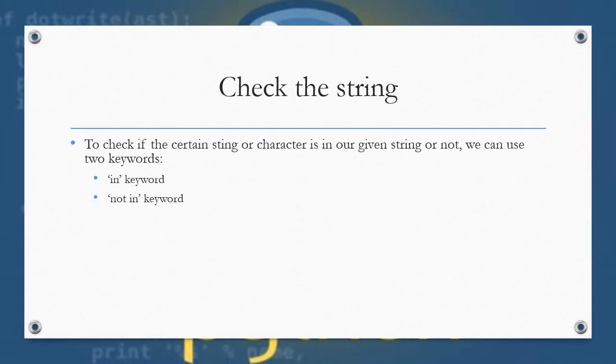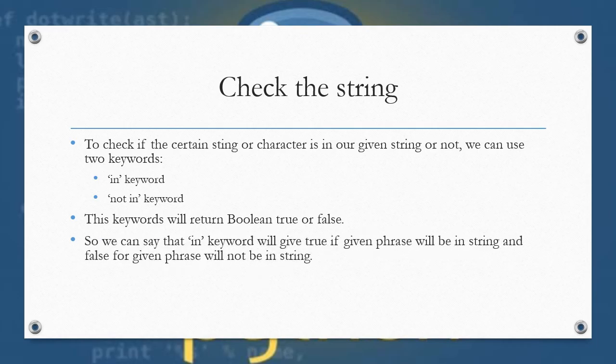Many times we want to check whether a certain string or character is in our given string or not. We can use two keywords, the in keyword and the not in keyword. These keywords return boolean true or false.